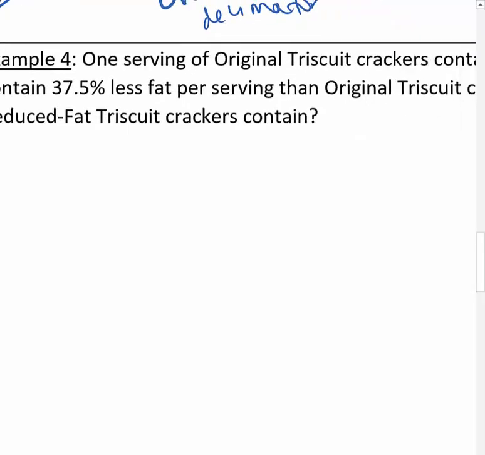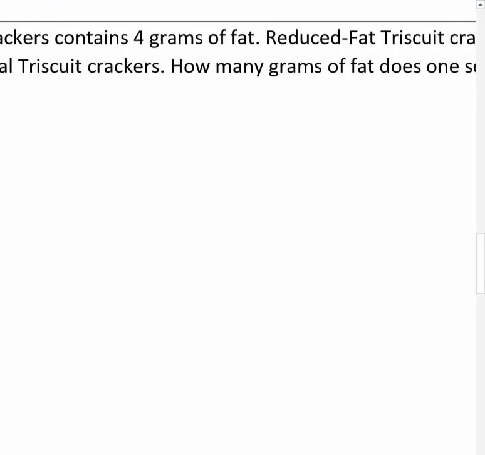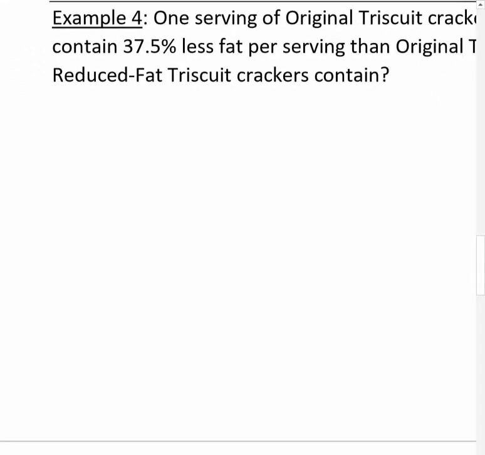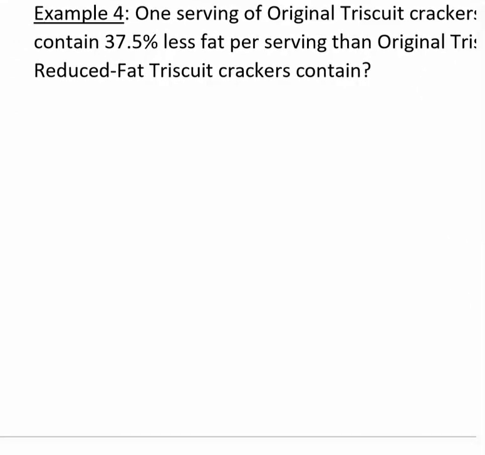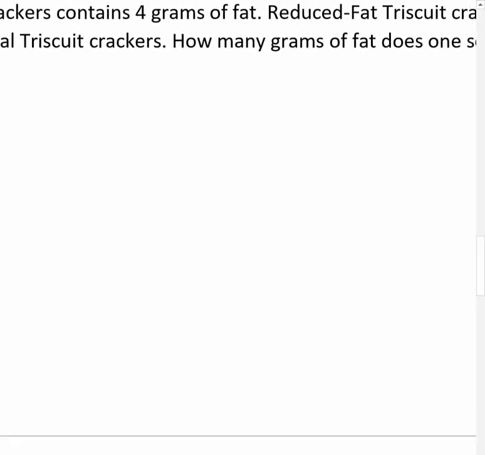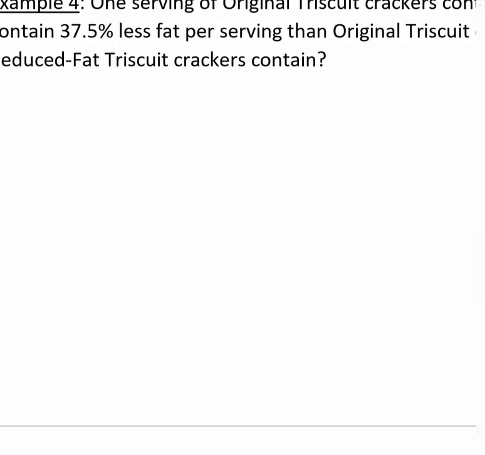What do we got? One serving of original Triscuit crackers contains 4 grams of fat. Reduced fat Triscuit crackers contains 37.5% less fat than original Triscuit crackers. How many grams of fat does one serving of reduced fat contain?